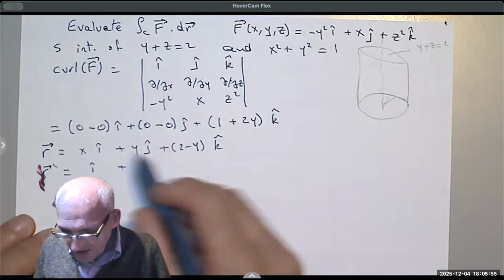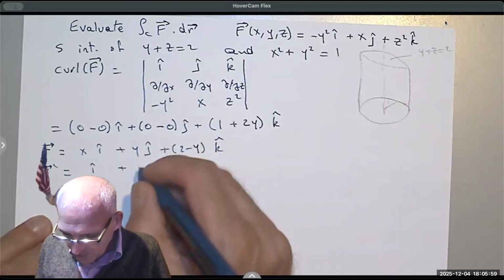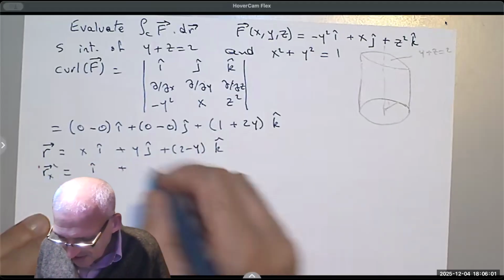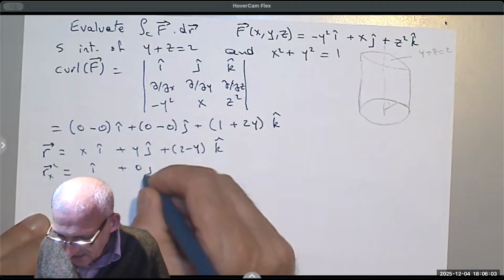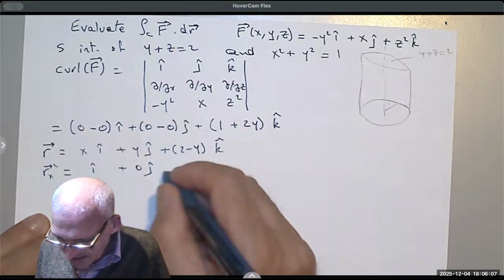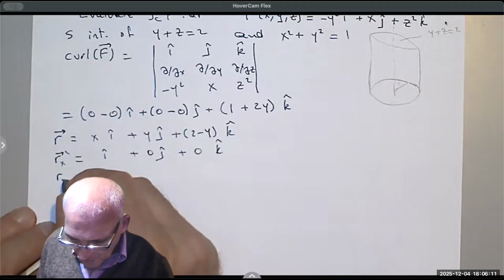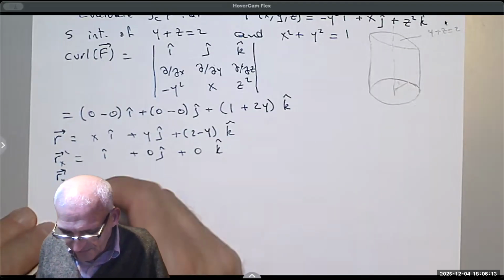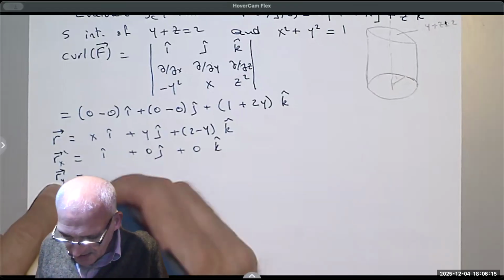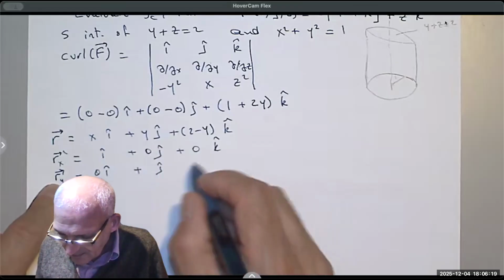The derivative of y with respect to x is 0, and the derivative of 2 minus y with respect to x is also 0. Then r sub y, the derivative with respect to y, is 0i plus j minus k.